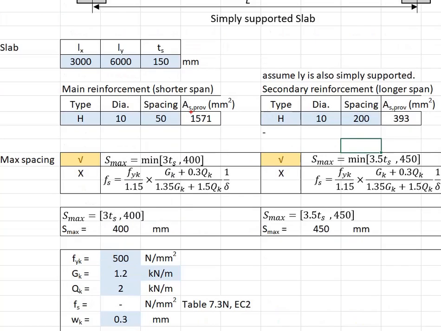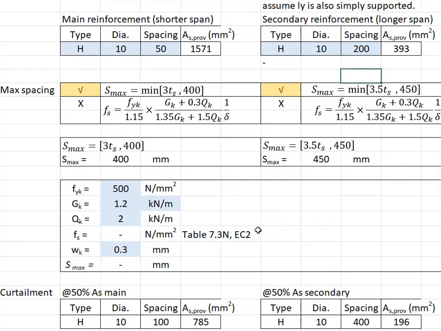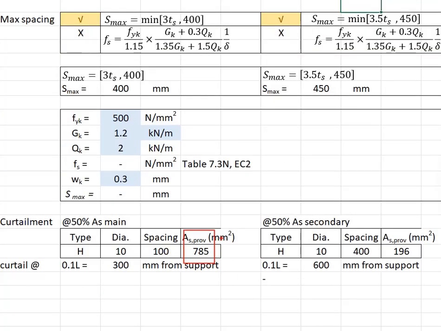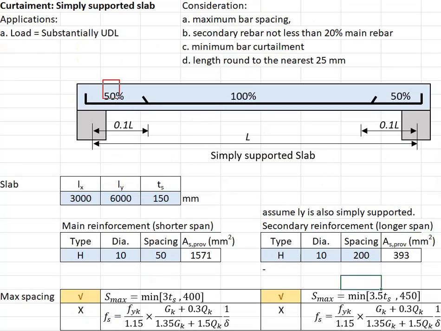Calculate the cross-sectional area of the reinforcement. It is just half of the amount provided. Now you know that you need to provide H10 100 mm. You need to determine the locations where you're going to have the reinforcement bar curtailed.